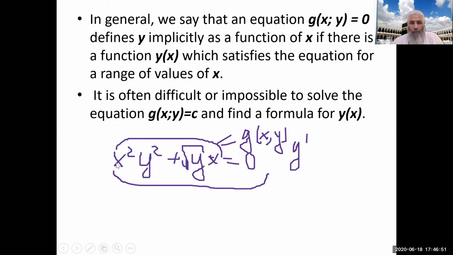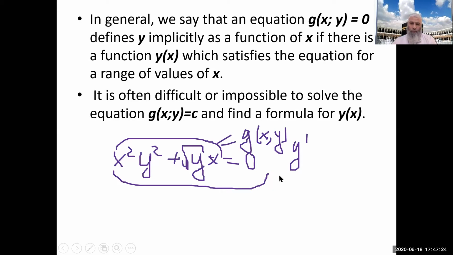He is writing here x squared y squared plus root y x equals, what is this? This is g of x, y. And g dash. No, I mean, she wrote it as two equals.